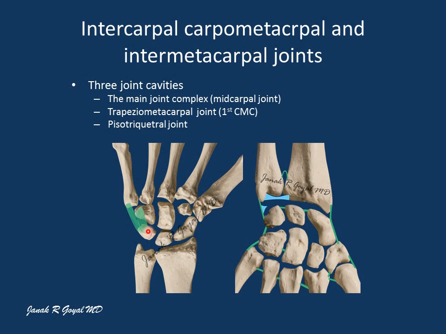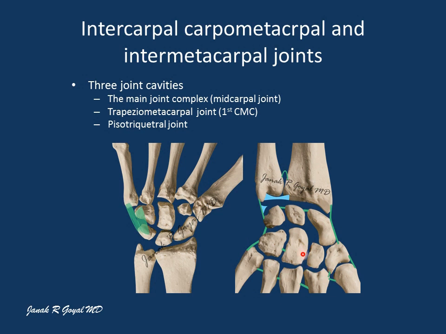The pisiform is also held together in place by the pisohamate and pisometacarpal ligaments, which connect pisiform to the hook of hamate and to the base of fifth metacarpal bone respectively.